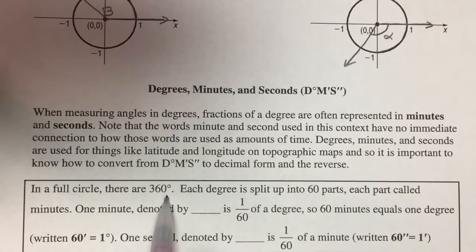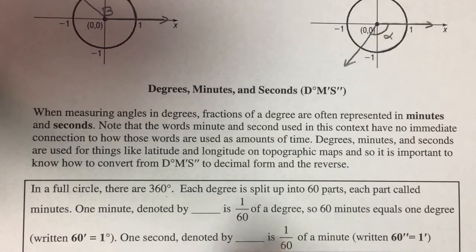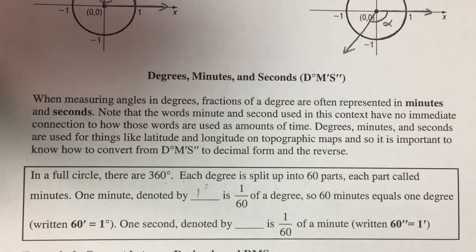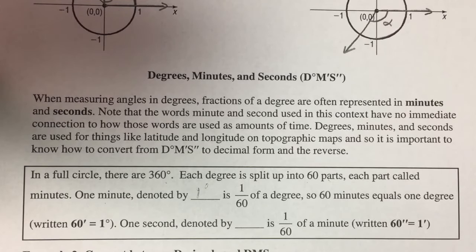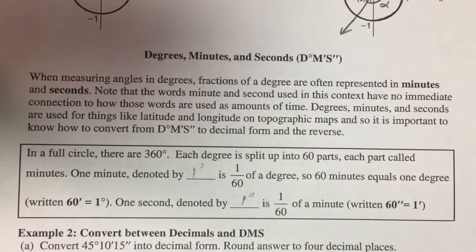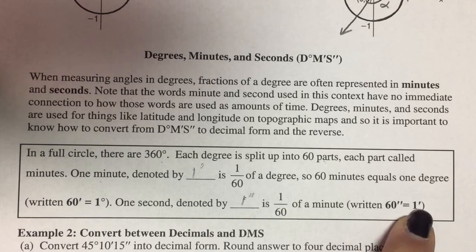So in a full circle, there are 360 degrees, and each degree is split into 60 minutes. One minute is denoted by 1 and this symbol, and it's 1/60th of a degree. So 60 minutes equals 1 degree. And 1 second, which is denoted by 1 and then 2 little marks like that, is 1/60th of a minute. So there are 60 seconds in 1 minute.